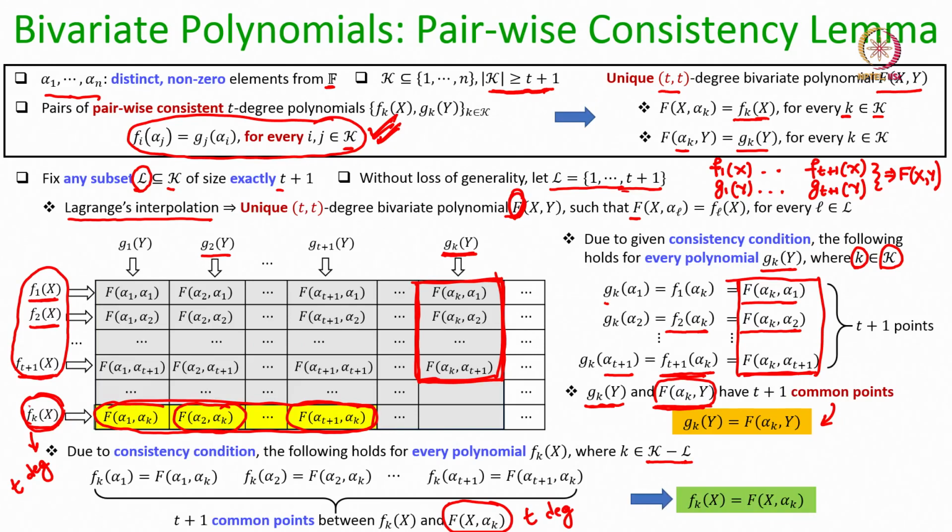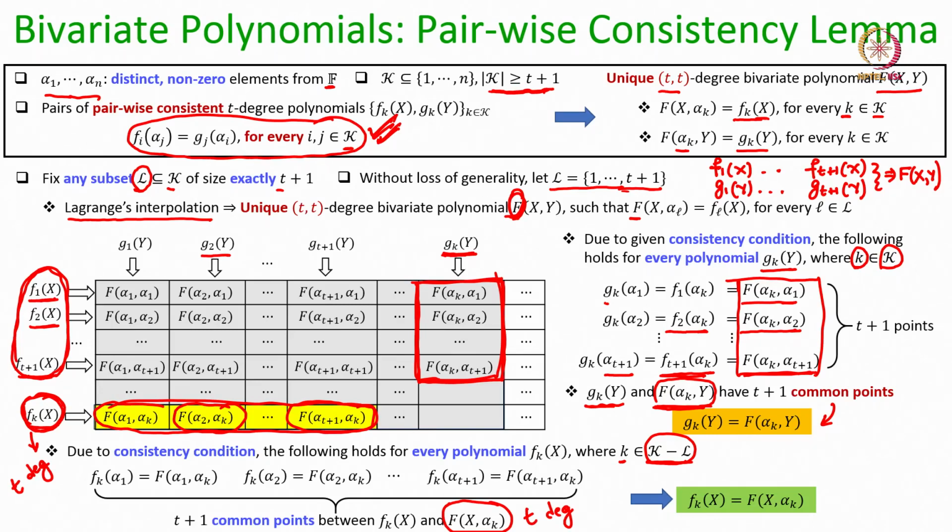That means this kth x univariate polynomial is nothing but the kth row polynomial of my bivariate polynomial, and this k could be any k different from the first t plus 1 x univariate polynomials and belonging to the set of pairwise consistent x univariate polynomials.